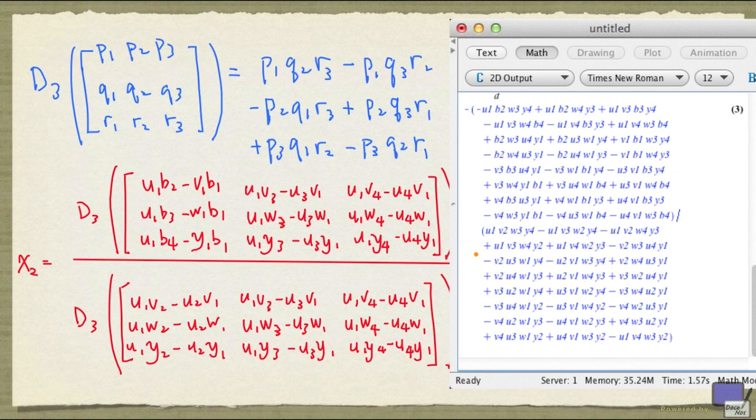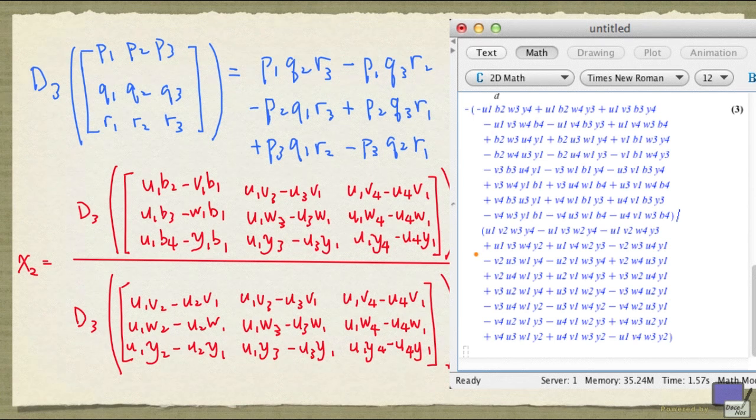Now if you think about that, you should get 4 factorial terms, which is 24, as you have here. And in the numerator, while we have these b's around, as you can see, the b's replace the second column of the matrix A. The b plays the role of U2, V2, W2, and Y2.